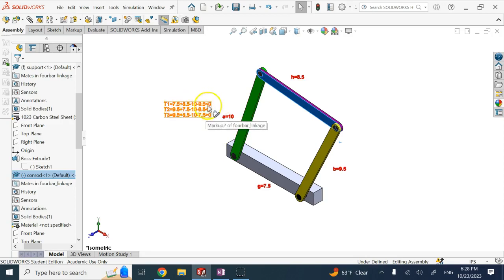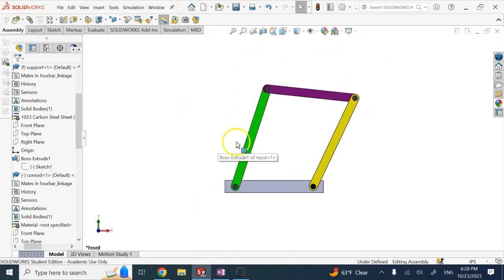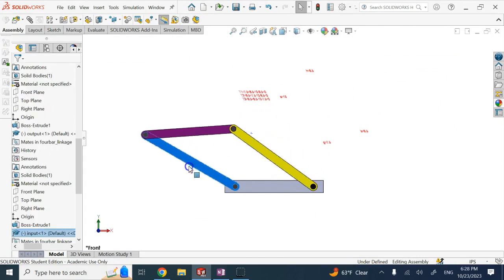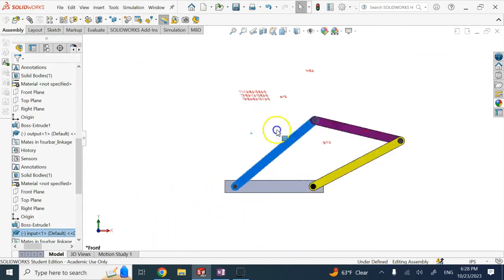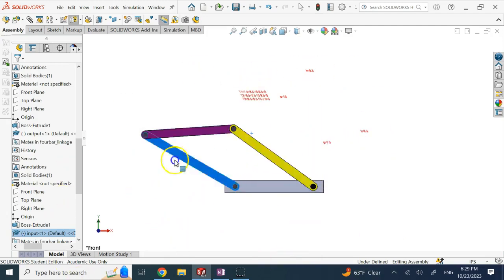And if you look, the first two are negative, and the last one is positive. So in this case, it should do crank, crank. Both should fully rotate, and let's see if it does that. So here we go. You see here, both members do full rotation.